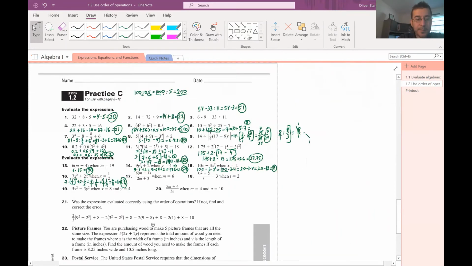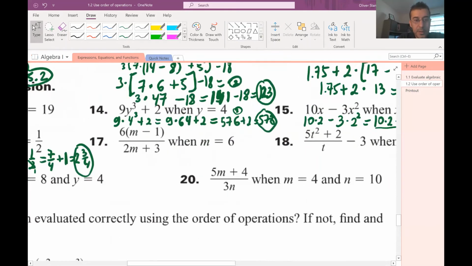Okay. Next is 17. Substitution again. We substitute 6 for m. So this becomes 6 times, in parentheses, 6 minus 1, over 2 times 6 plus 3. And we do the parentheses first. So 6 minus 1 is 5. And then here 2 times 6 plus 3.